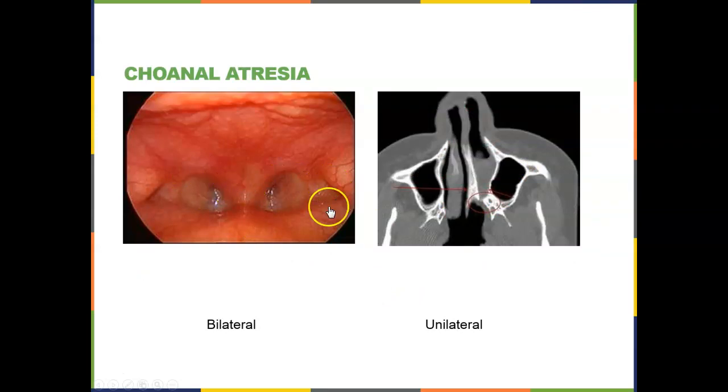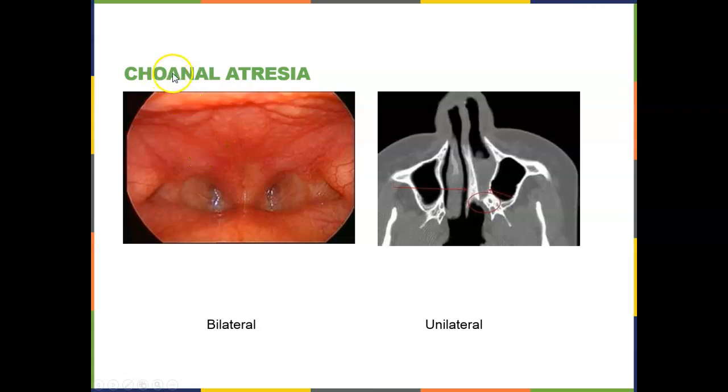So the choanae are important because you need to be able to take air and move it all the way through the nasopharynx and then down through the oropharynx, laryngopharynx, larynx, trachea, bronchi, all the way into the alveoli.